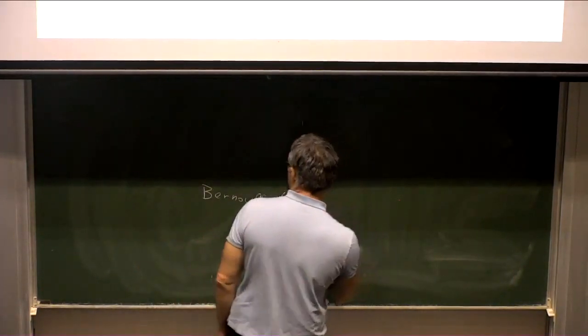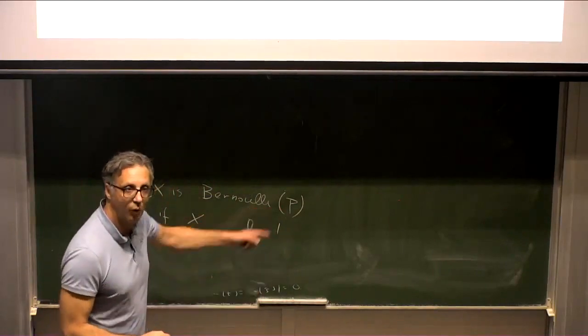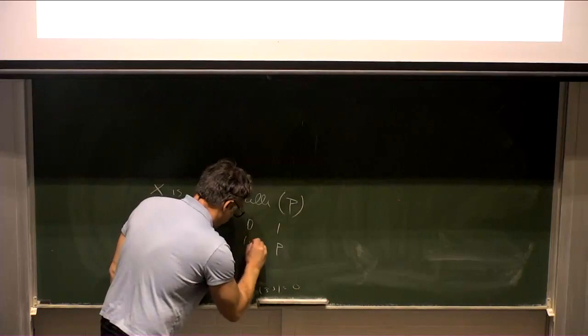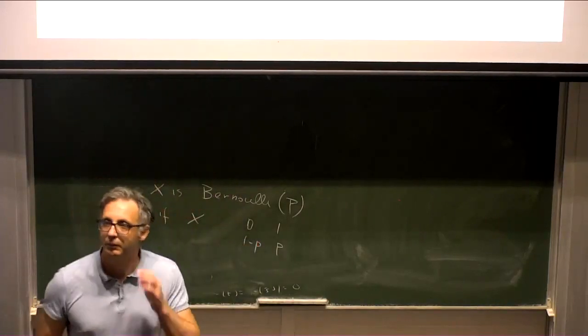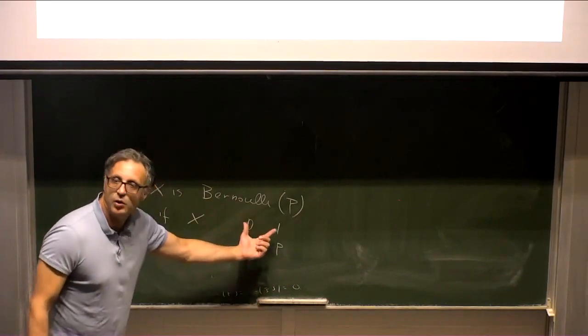X is Bernoulli if X can take two values, 0, 1. Probability p usually is used here, 1 minus p here. Of course I cannot argue anything, it's natural, 0, 1, yes or no, binary language.